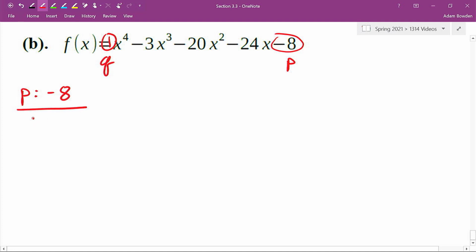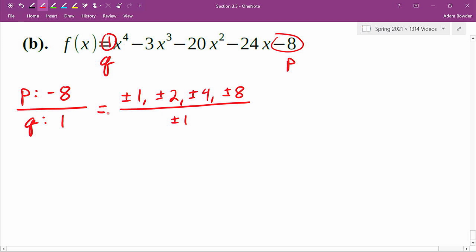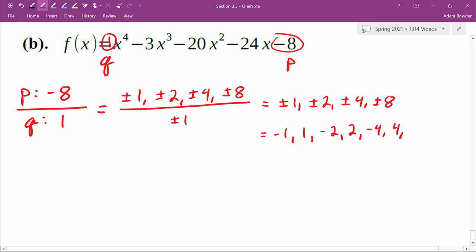So we list out the factors of P over Q. For 8, it's plus or minus 1, 2, 4, and 8, all over plus or minus 1. So we're looking at plus or minus 1, 2, 4, and 8. Or we could also list it out as -1, +1, -2, +2, -4, +4, -8, +8.